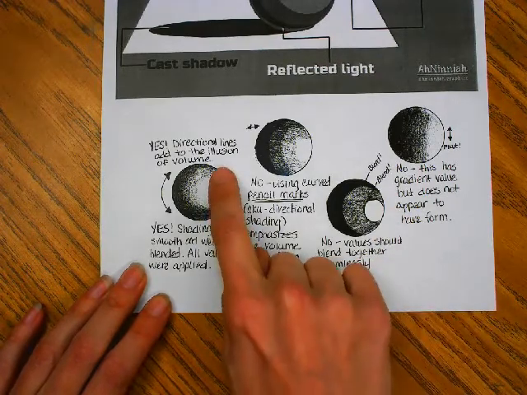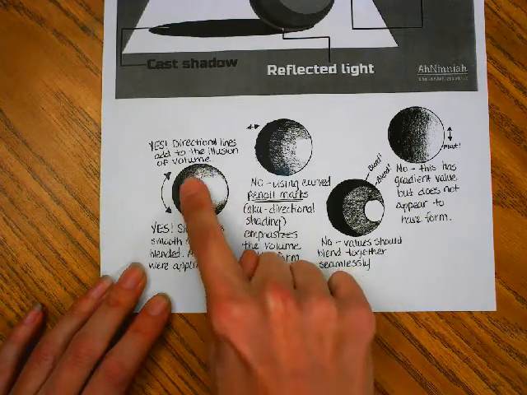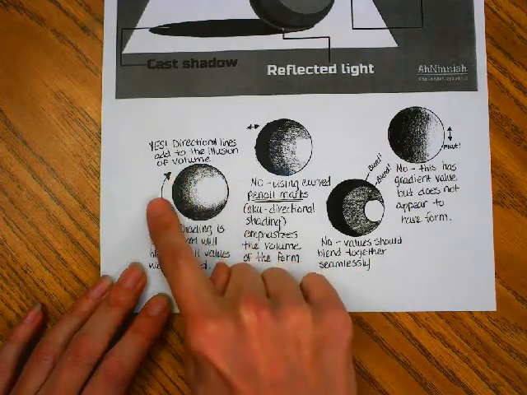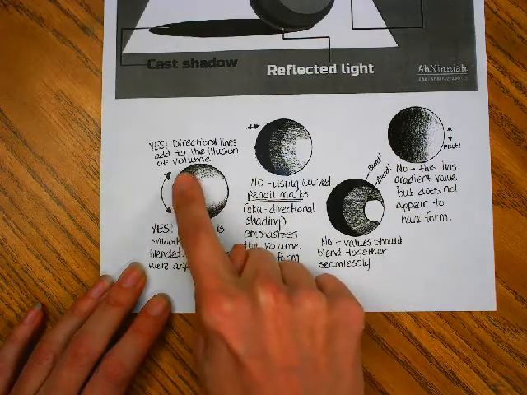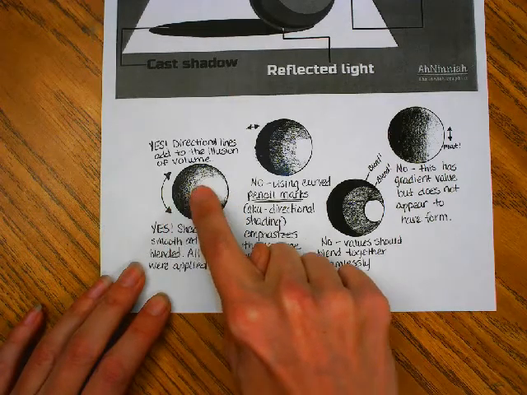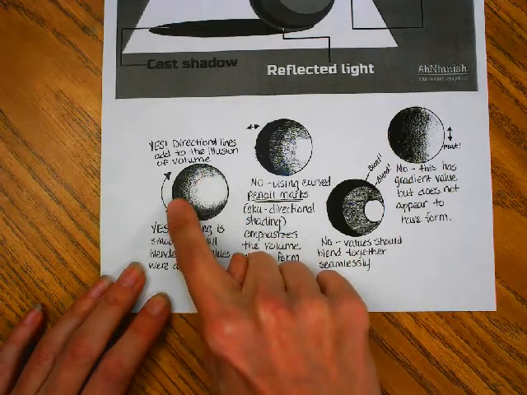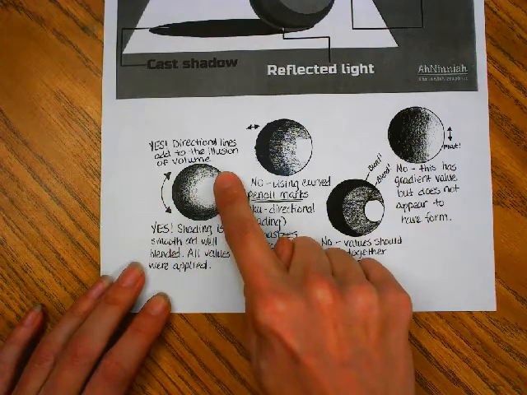It's going to be smoothly blended. Your lines take on the shape of the object, so a sphere is going to have curved lines. Blend those edges together so that you don't have a hard contrast from one value to the next. It should smoothly blend from really dark to really light to make those core shadows and highlights.